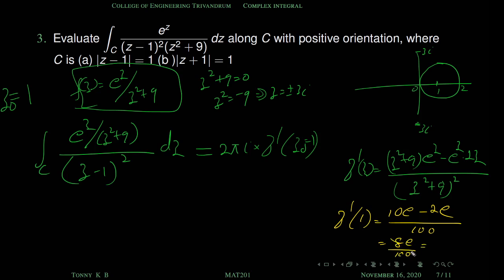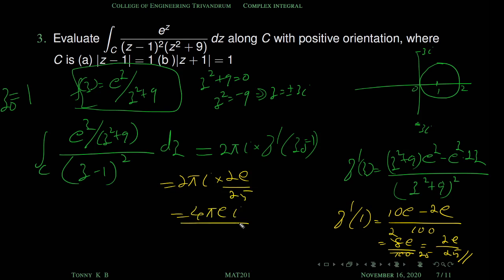So you can cancel by 4, so this becomes 2, this becomes 25. So 2e by 25. Right. So this is our f dash of 1. So the integral becomes 2 pi i into 2e by 25, that is equal to 4 pi e i by 25.